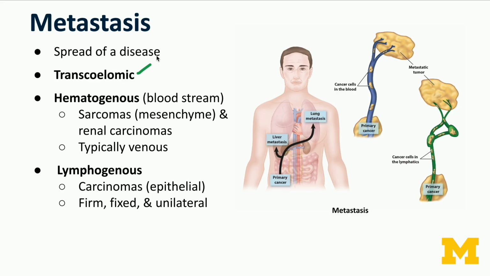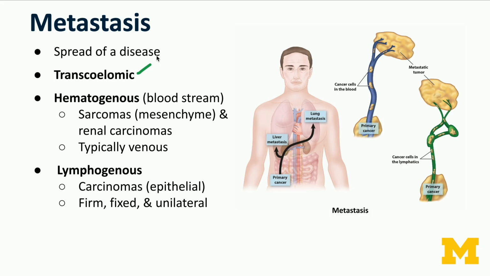Transcelomic metastasis involves movement of cancer cells along membranes of cavities, so serous membranes like the peritoneum, the pleura, the pericardium, etc., metastatic cells can move and seed into new locations.